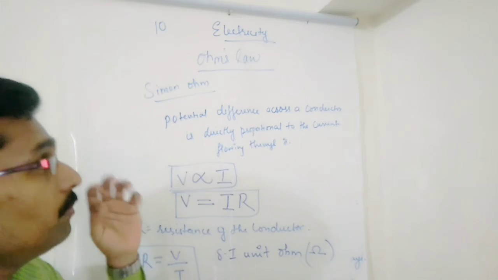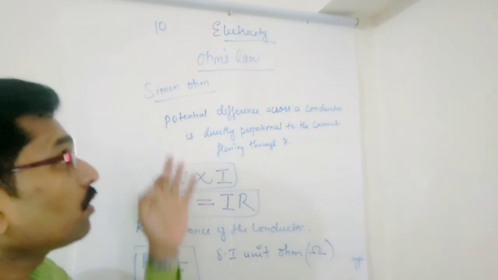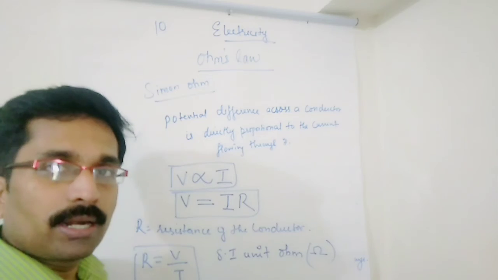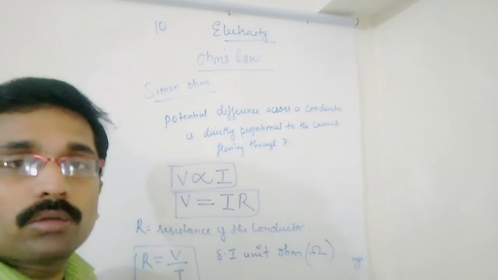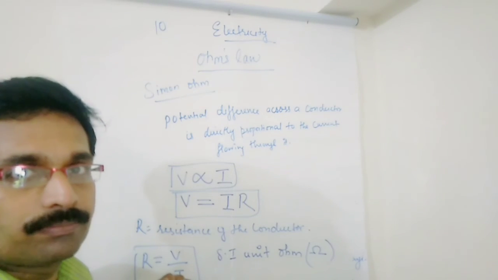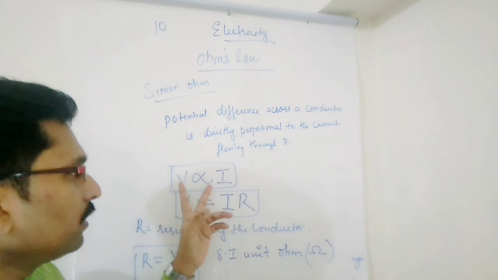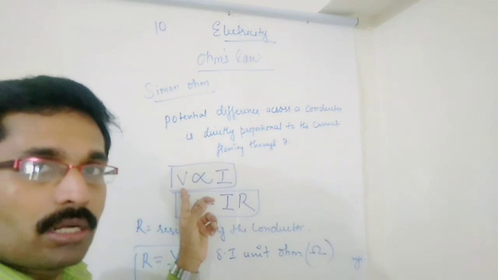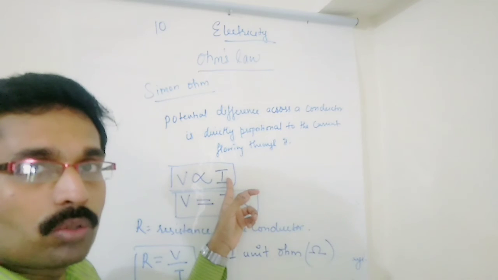Fine. Then we came to Ohm's law. It was founded by Simon Ohm, and he stated that the potential difference across a conductor is directly proportional to the current flowing through it. Fine. And we had the equation V directly proportional to I, where V is potential difference and I is the current flowing through it.